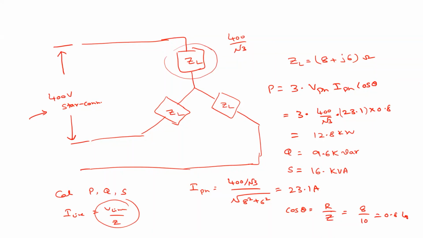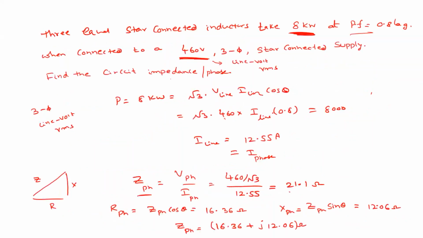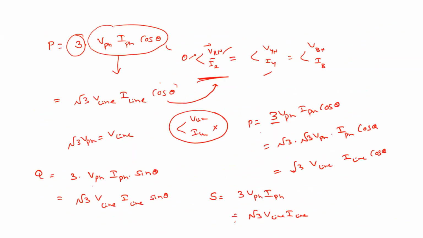In the previous problem we took I line equal to V line divided by impedance. Z phase is V phase by I phase only. So when deriving these equations, this cos theta is for phases only.